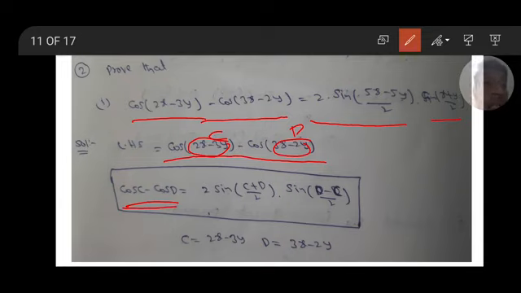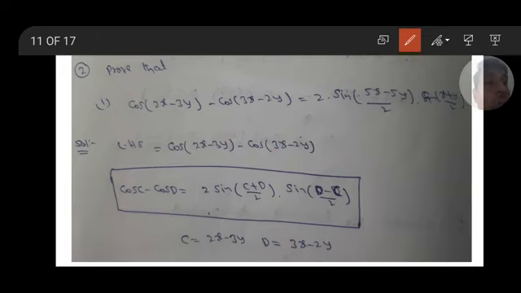For cos c minus cos d, we have the formula 2 into sin of (c plus d) by 2 into sin of (d minus c) by 2. I am taking the positive terms, so we get d minus c, where c means 2x minus 3y and d means 3x minus 2y.